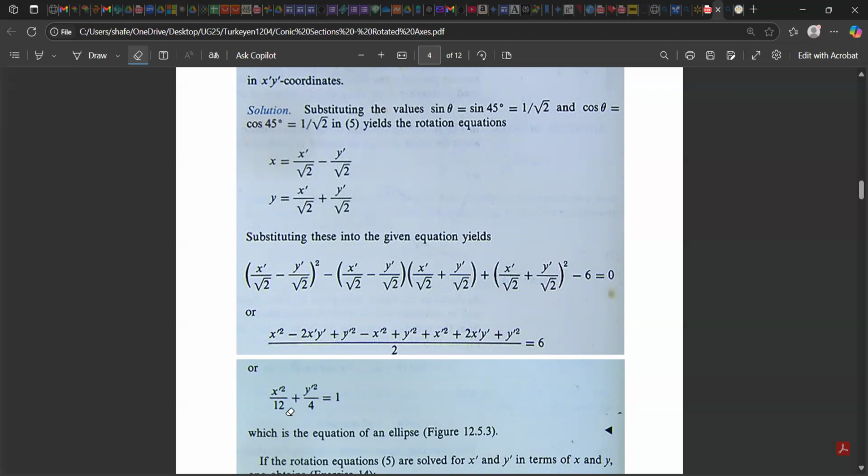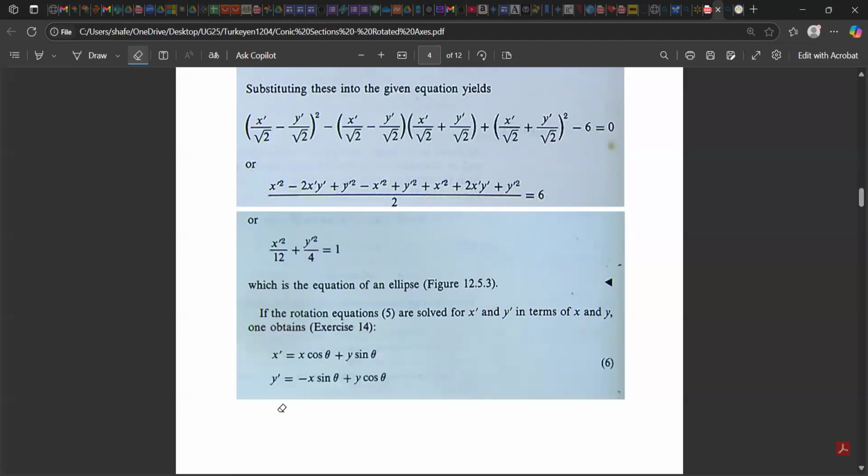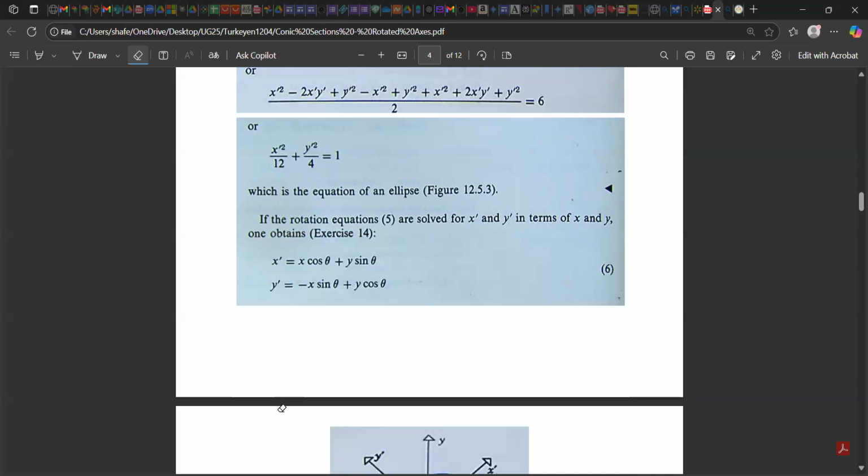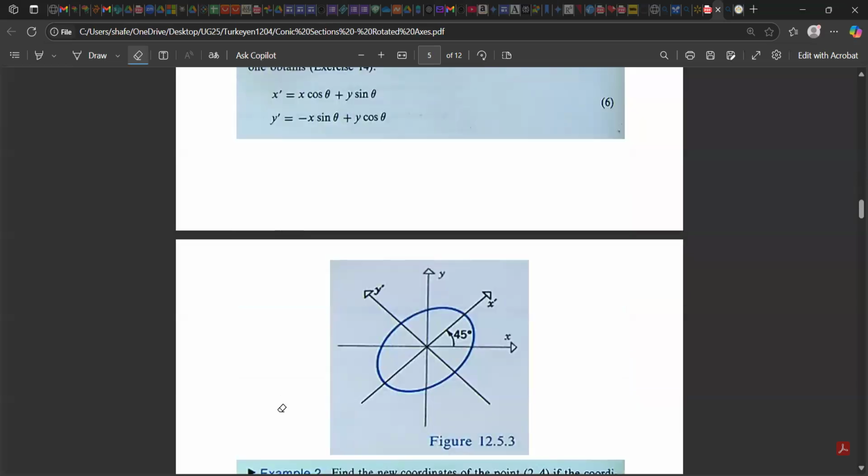And it's basically parallel to the x prime coordinate axis, right? So let's try it. Yes.